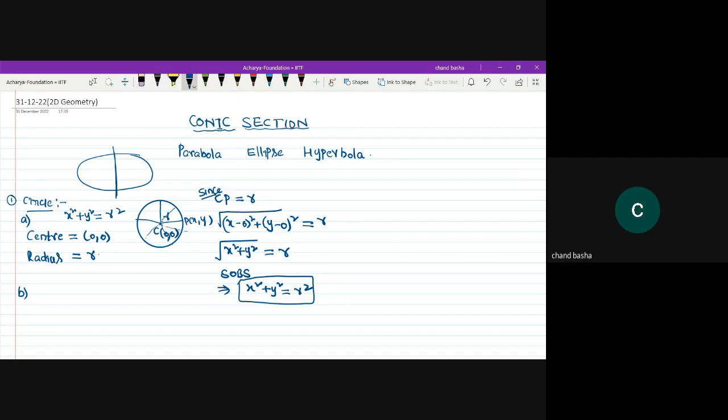The second point: suppose your center is not at origin. Then what is the formula that I am going to apply when center is equal to h, k and radius is equal to r units?